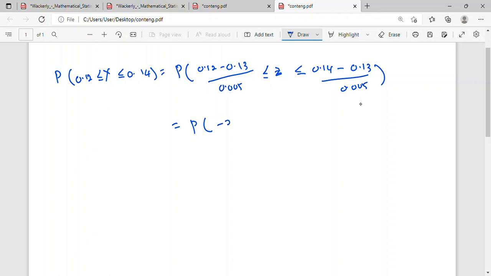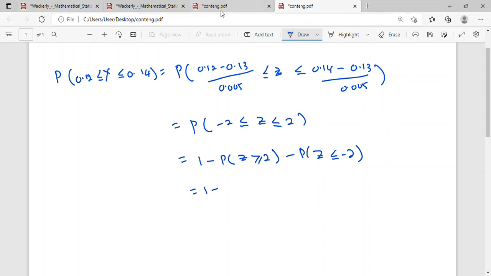It will be negative 2. It is positive 2. So it will be 1 minus probability of Z more than 2 minus probability of Z less than negative 2.